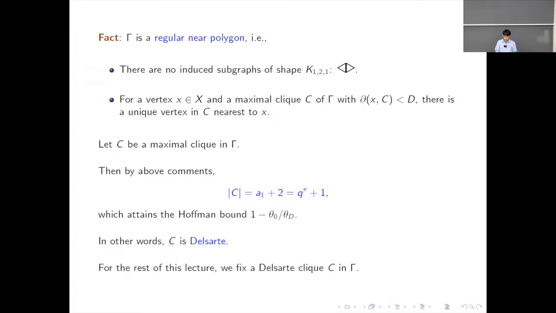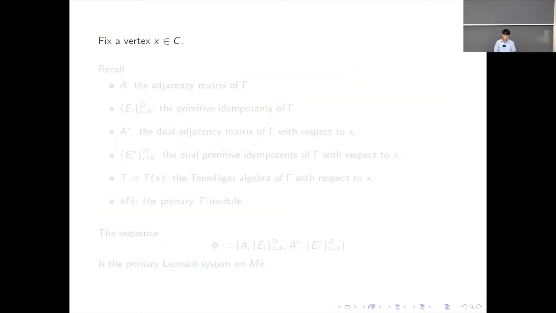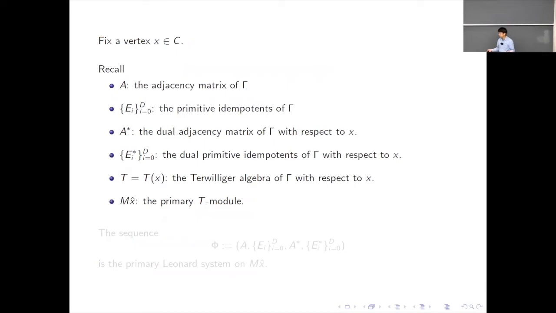We fix a Delsarte clique C in Gamma. Now we fix a vertex x in C. And this is what we already know from the theory of the Terwilliger algebra: A is the adjacency matrix, E_i the primitive idempotent, A star the dual adjacency matrix with respect to x, and E_i star the dual primitive idempotent with respect to x.